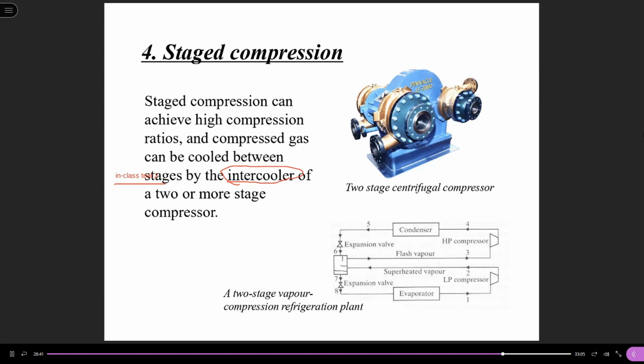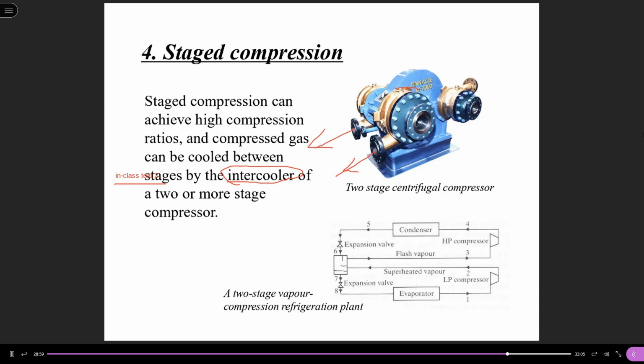The last question for in-class test 2 is regarding this question with multi-stage compressors connected directly in series. So we can see in series this is the inlet, and this is discharge. This also is discharge.